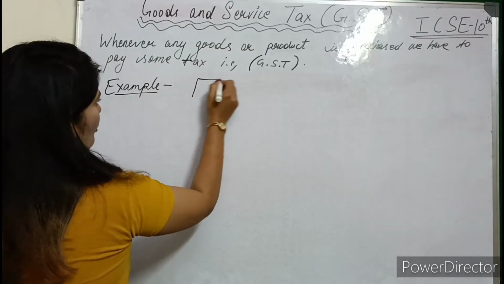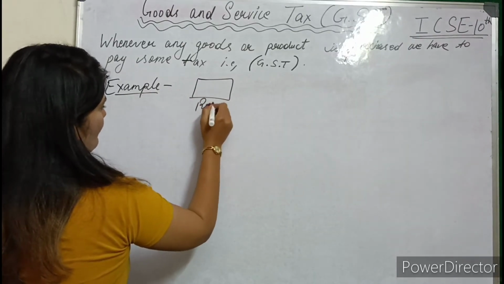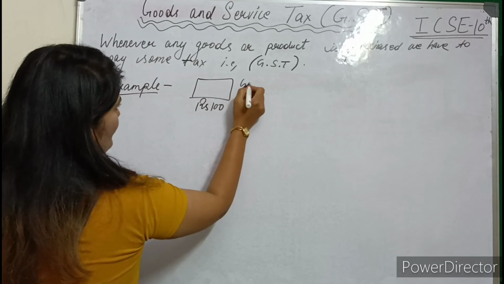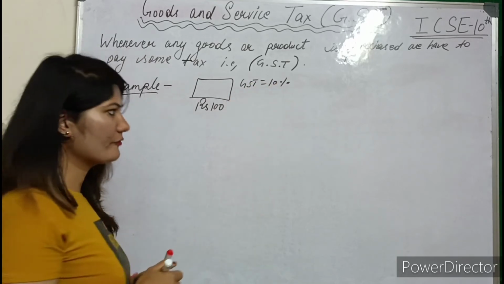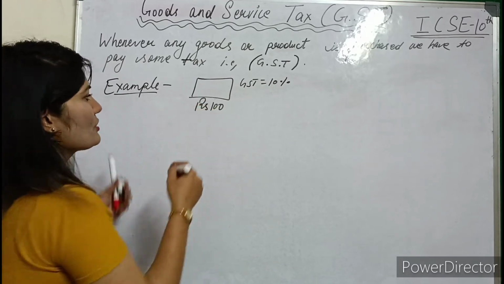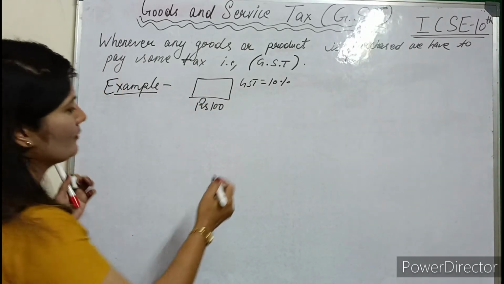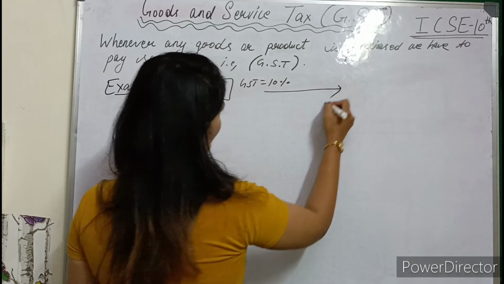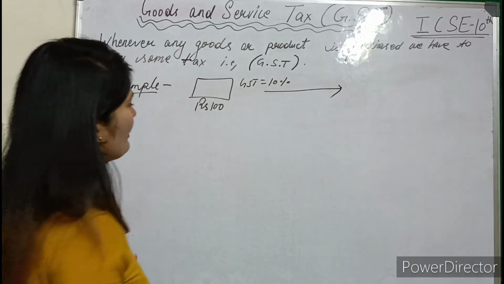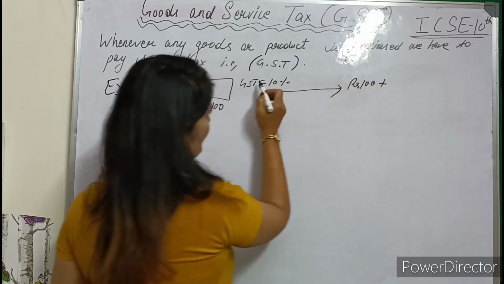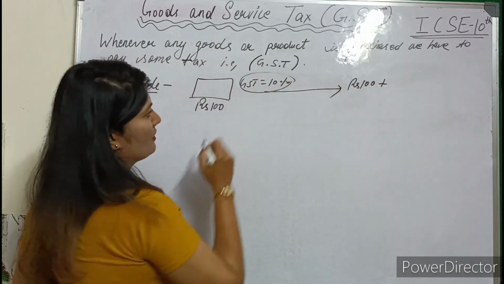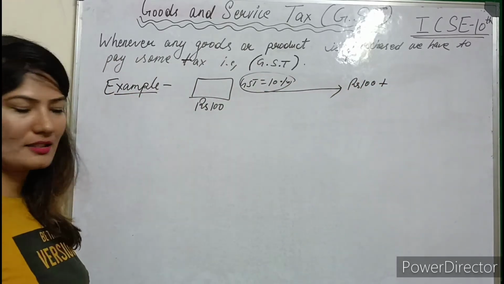Suppose a product cost is rupees 100 and the GST is 10%. Now if you have to purchase this product, what amount do you have to pay for it? As the cost of the product is rupees 100, so 100 plus the GST, that is 10%. 10% of 100 is rupees 10.